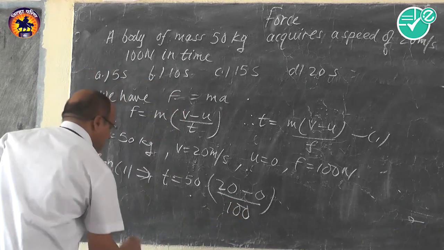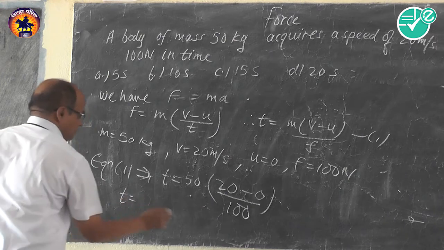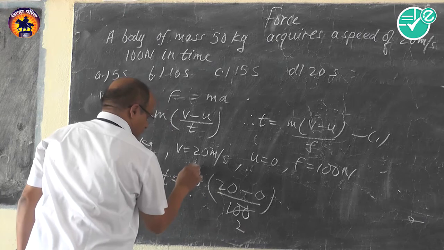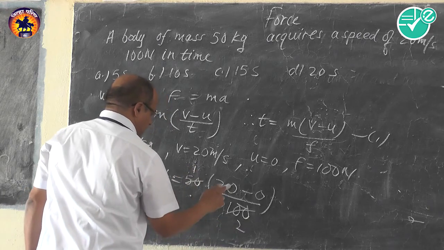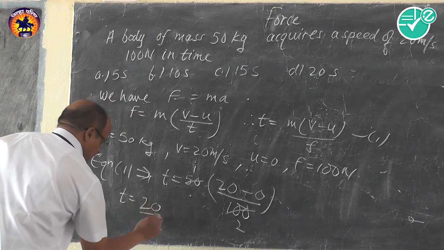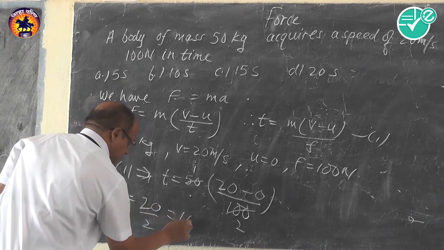So naturally t will be equal to 50 times 20 upon 100, which is 20 by 2, equal to 10 seconds.